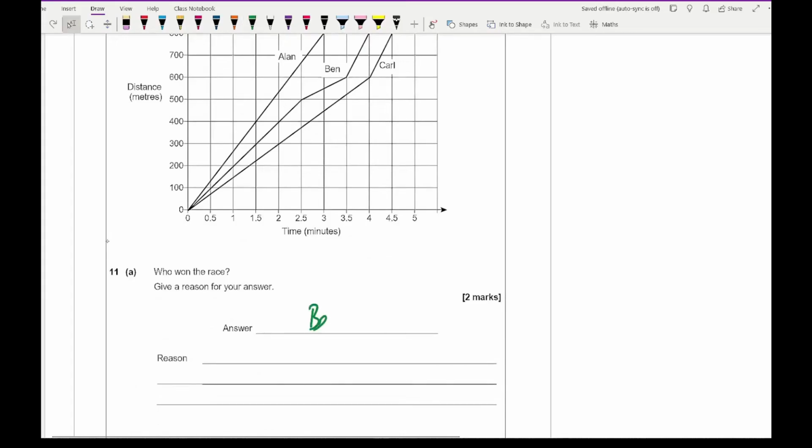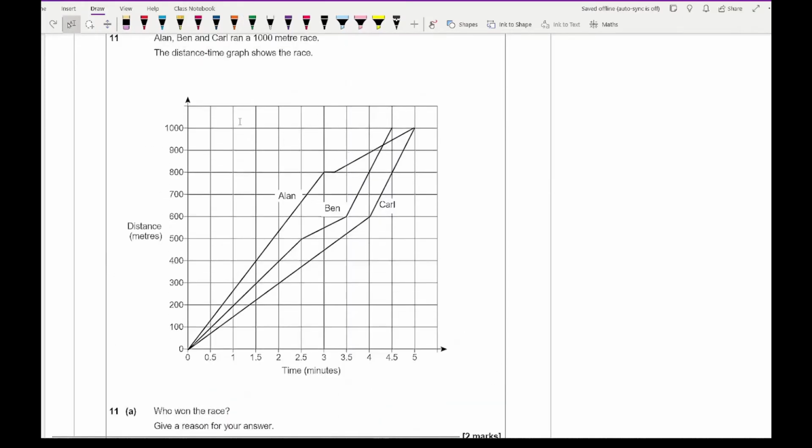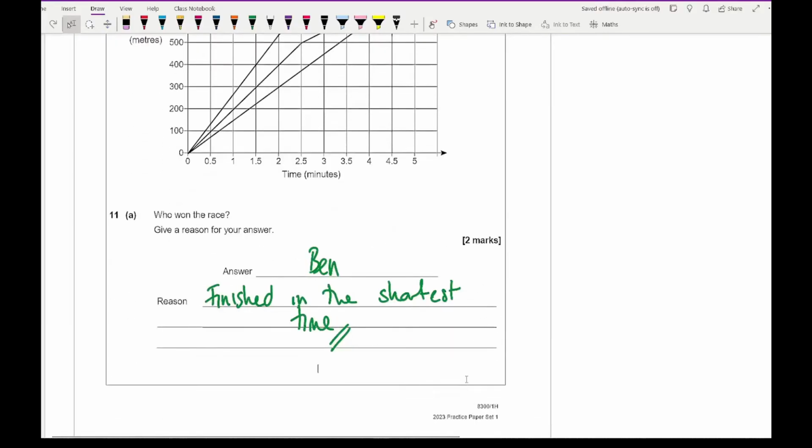So Ben, and the reason for that is because he finished in the shortest time. Or you could say something along the lines of that he completed the 1,000 meters in less time. That would be absolutely fine as well.